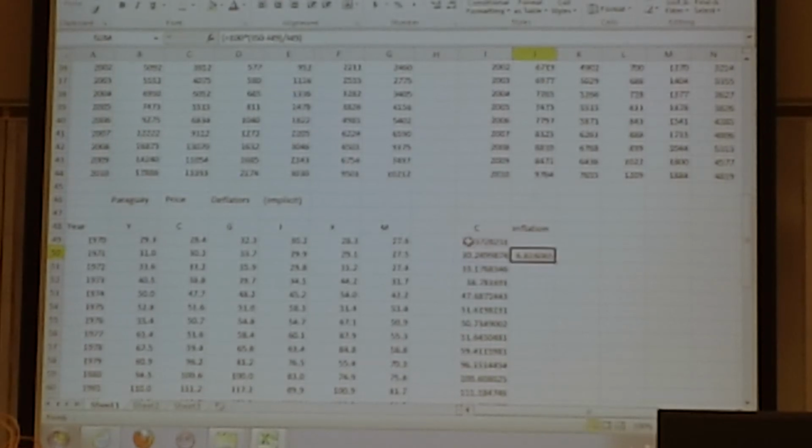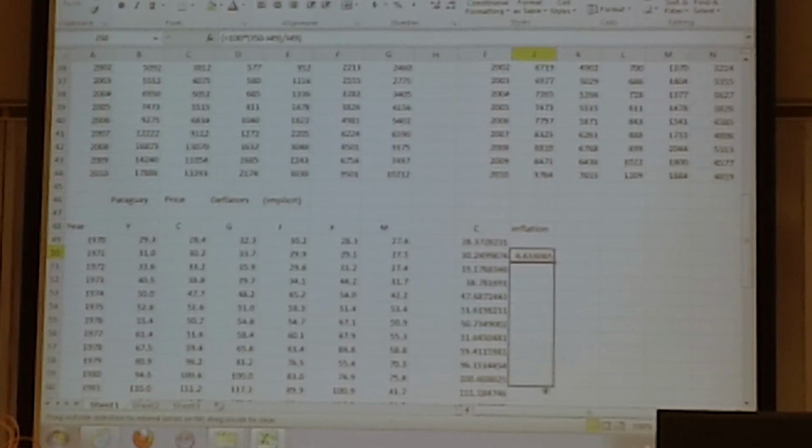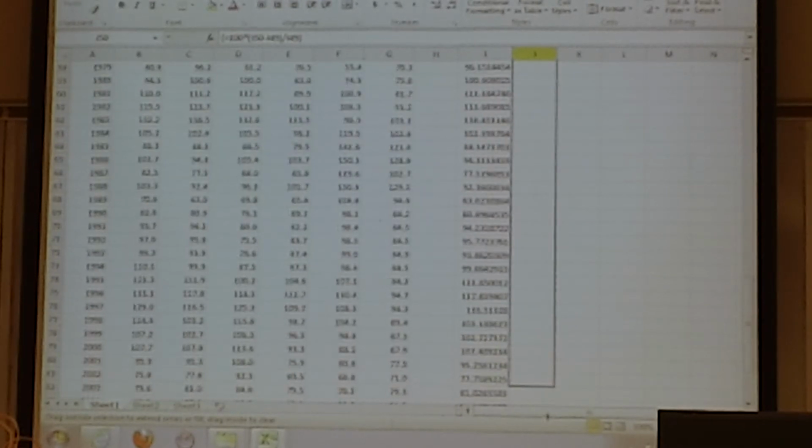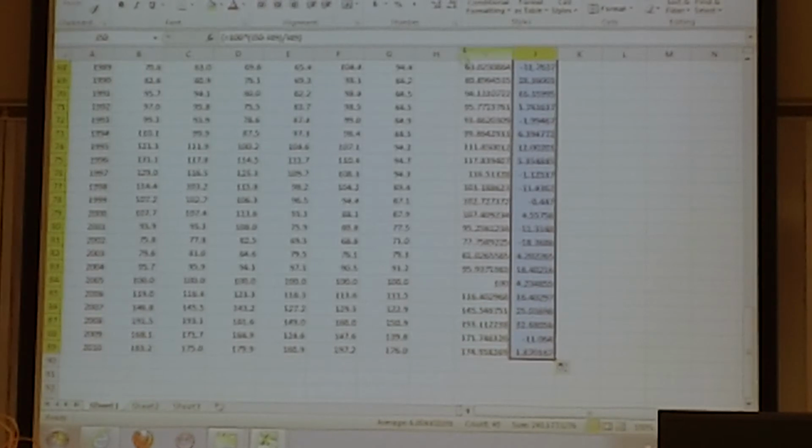Control shift. But you can see between 1970 and 71, the inflation was 6.6%. This number was the previous number, and all that was the previous number.